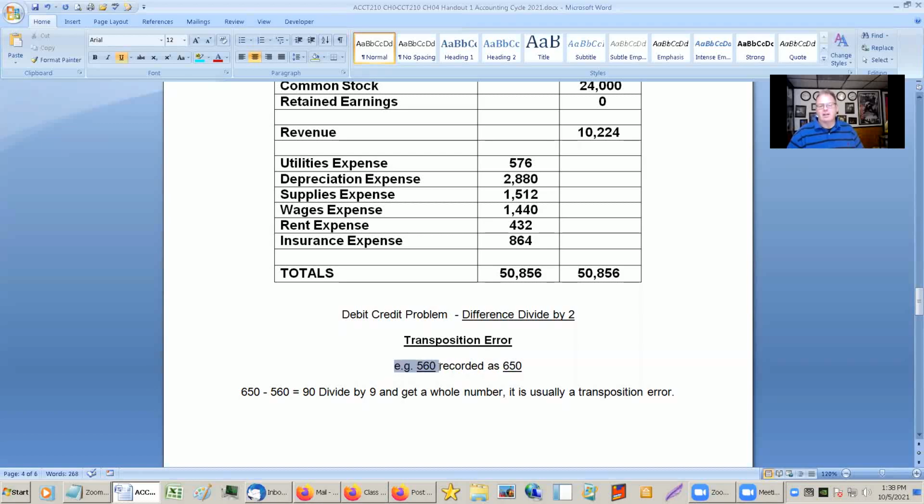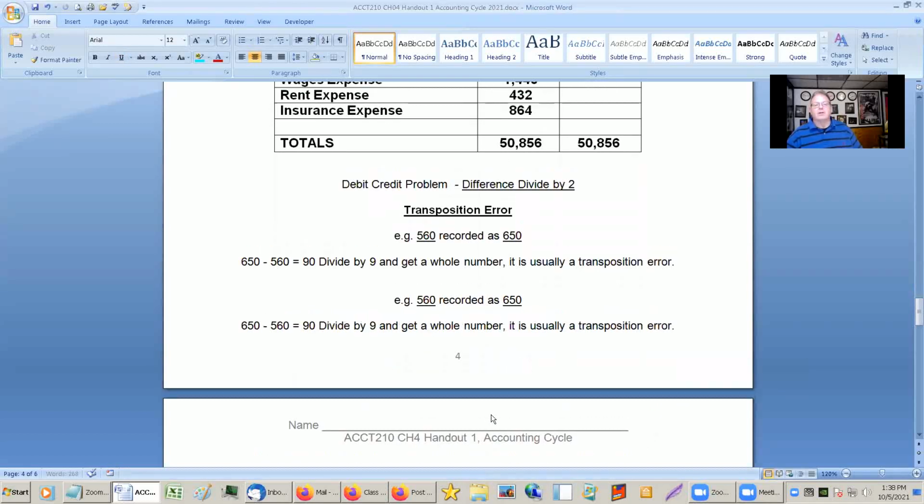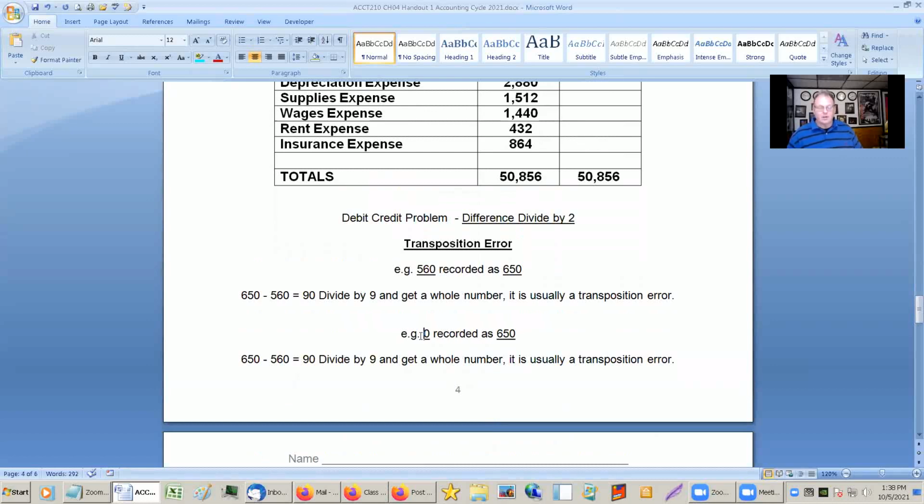And it works for anything. I mean, if you had, I don't know, 280 recorded as 820. $820 minus 280 is what, 540? 540.